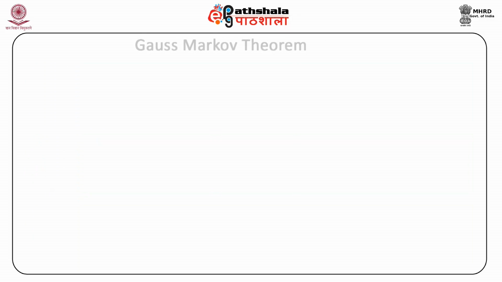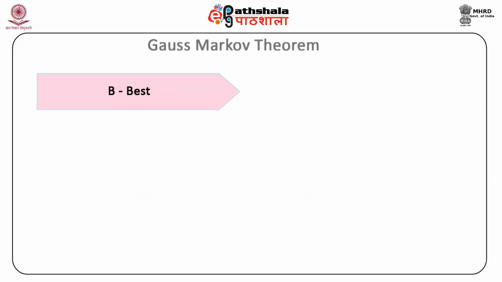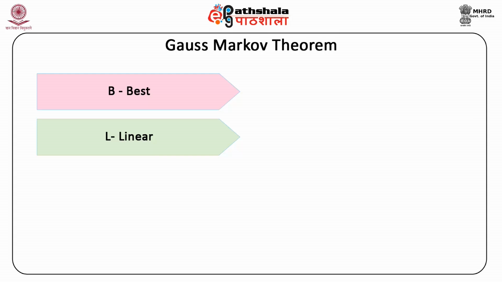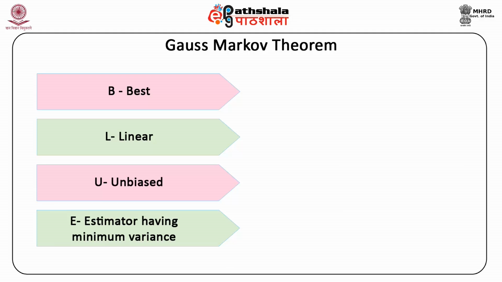BLUE represents: B stands for best, L stands for linear, U stands for unbiased, and E stands for estimators having minimum variance.